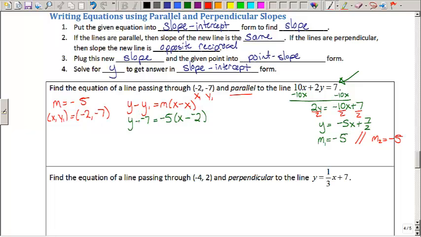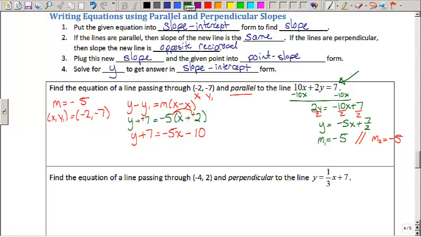Cleaning this up a little bit, minus a negative is really adding a positive, so I have y plus 7 equals distribute -5. Again, we have minus a -2. Minus a negative is really plus a positive 2. So when I distribute my -5 to multiply to my positive 2, I'm left with -10.